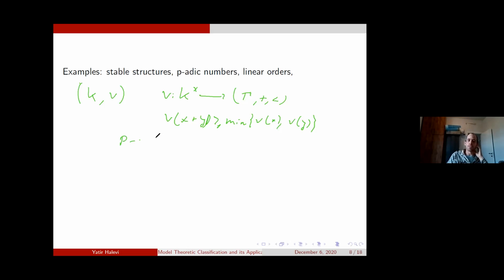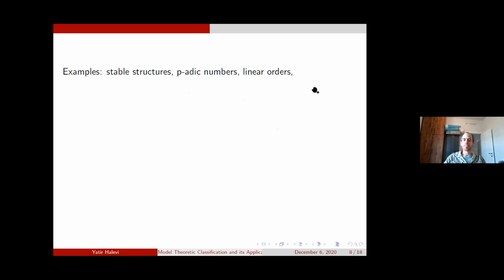The p-adic numbers are just a completion, as in metric spaces, of Q together with the p-adic valuation, which just tells you what's the exponent of p that lives inside Q. Any linear order is also dependent, but also any algebraically closed field with any valuation ring you choose on it. This is also dependent.